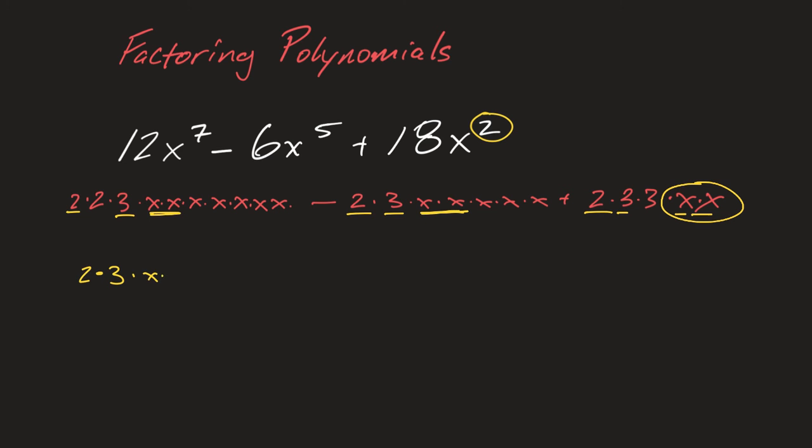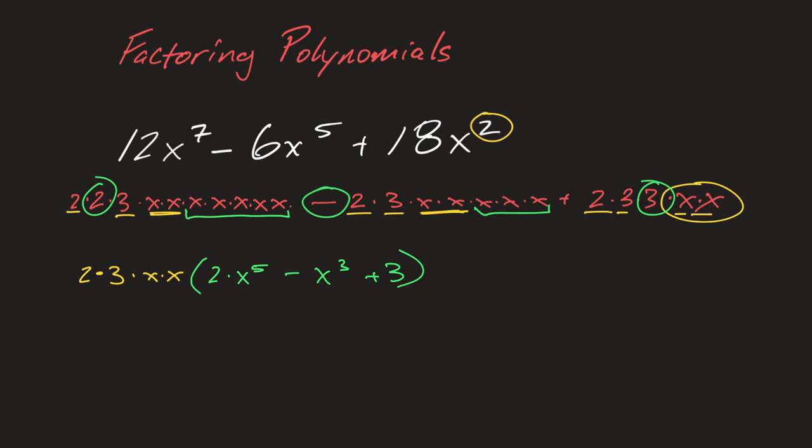So that's times x squared. And the leftovers of each term, they're going to stay behind. We have a negative symbol here, and then we just have a 3. So that's going to go inside parentheses. I have 2 times, we're just going to write x to the 5th minus x cubed plus 3.